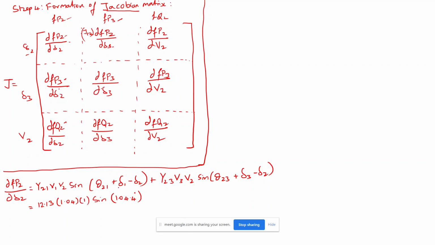Del 1 and del 2 are 0, so I will not include them, plus 12.13, multiplied by 1.04, and here the angle is 104.4, and both deltas are 0, so I can omit them. So what is the final value for this? Someone tell me.